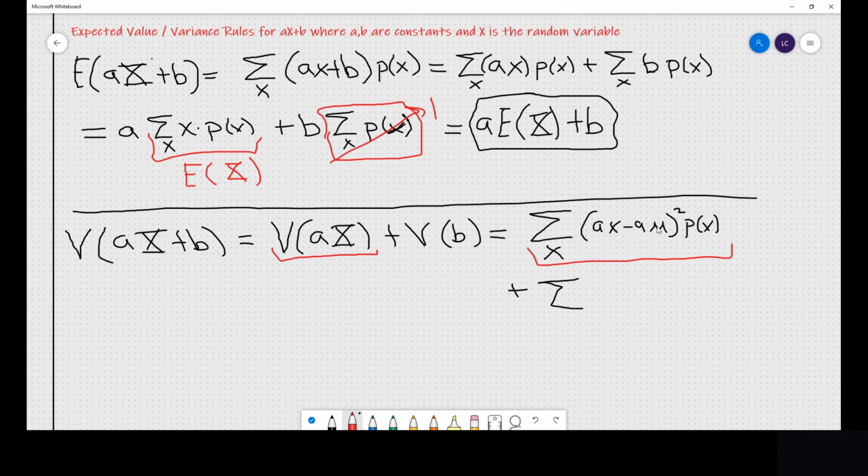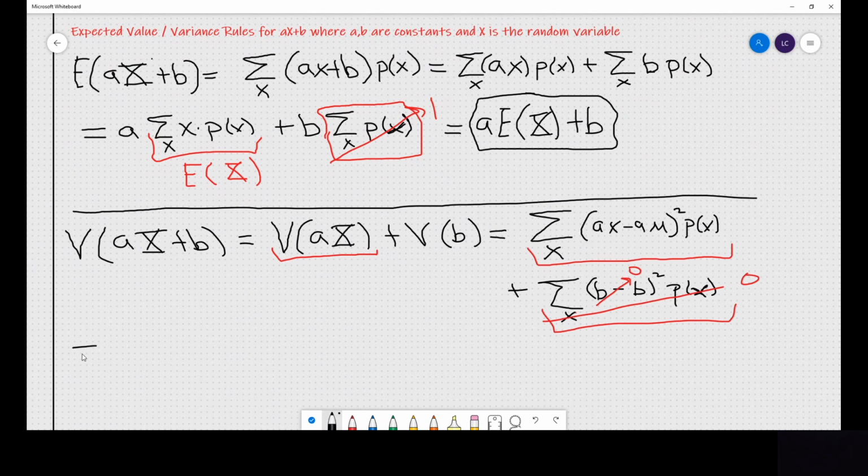We just replace the x with the minus mu. And now here, quantity squared times p of x. So this guy turns into 0. So this whole thing is 0, and we're just left with this.